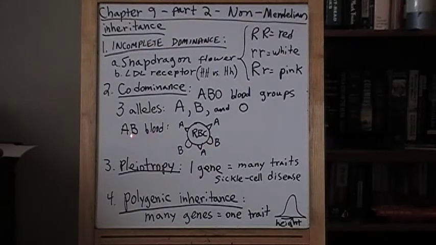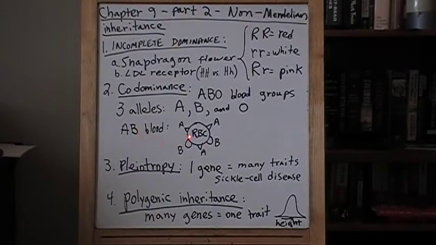And in a person with AB blood who has one A allele and one B allele, they have both of these carbohydrates on the surface of the red blood cells. So that's called codominance.